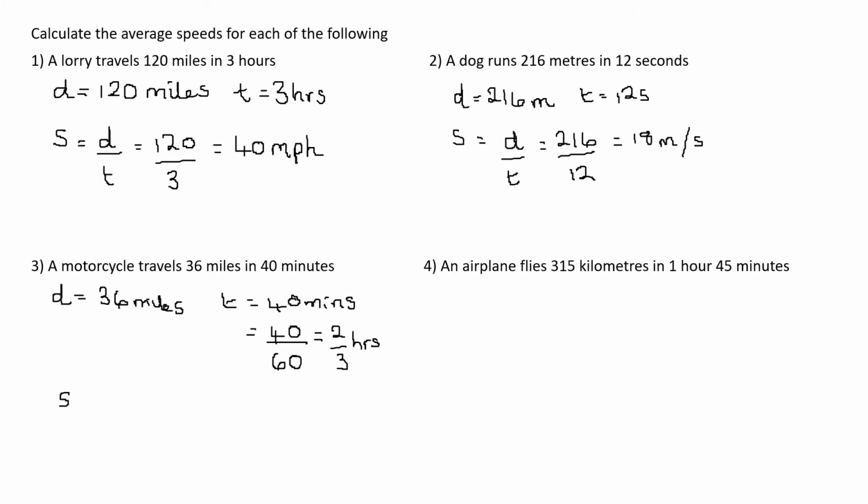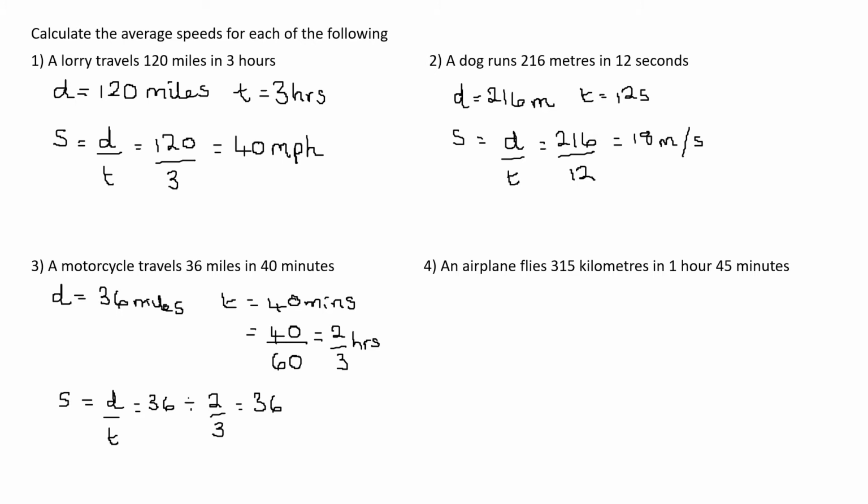So speed equals distance divided by time, which will give me 36 divided by 2/3. So I use the keep, change, flip rule for dividing by a fraction. I keep the first quantity as it is.